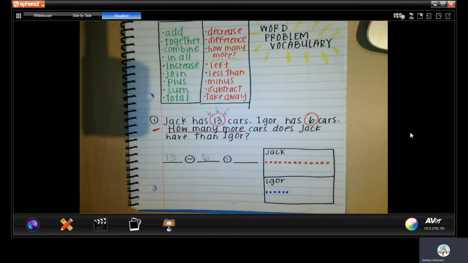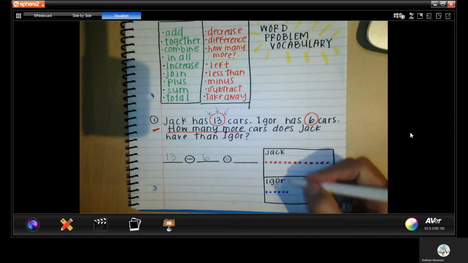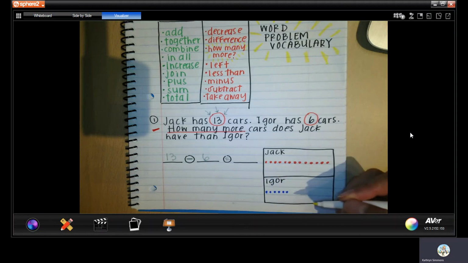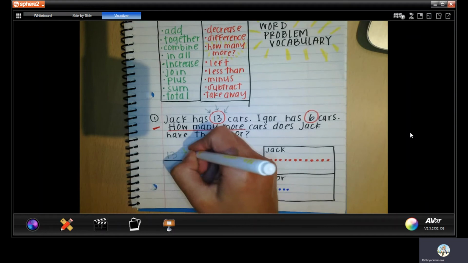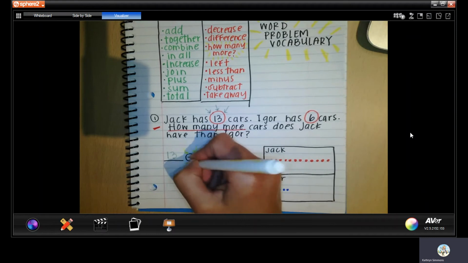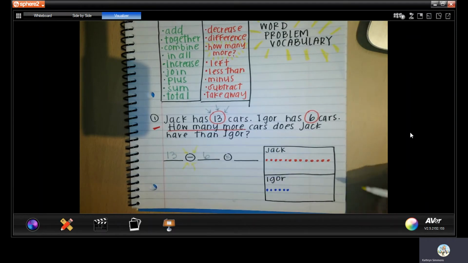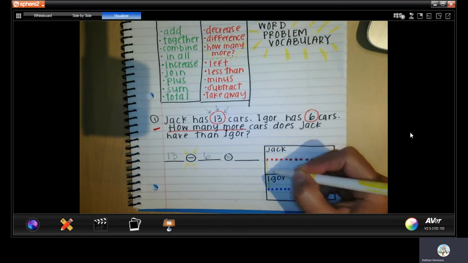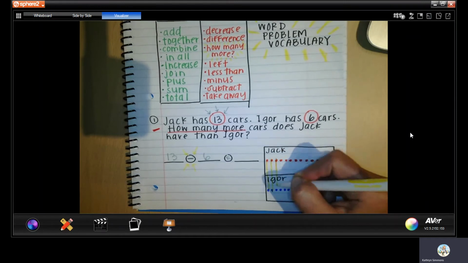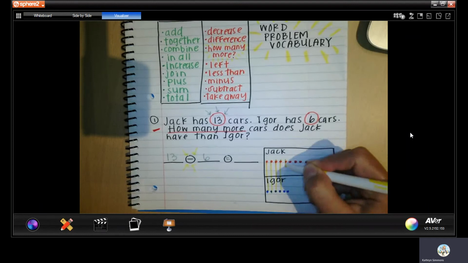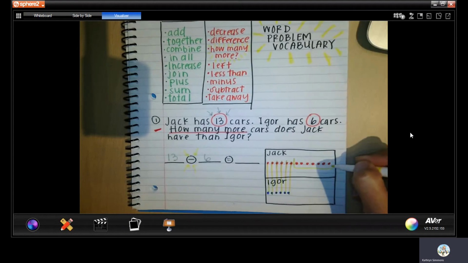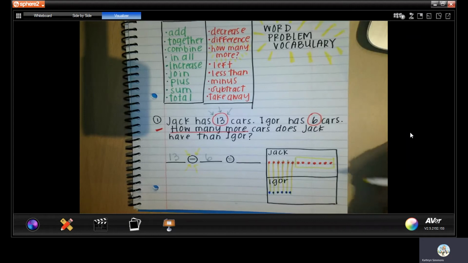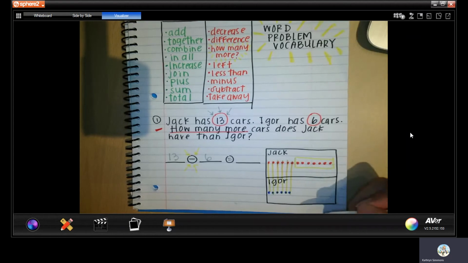How many more cars does Jack have than Igor? Jack has 13, Igor has 6. So 13 minus 6. Remember, how many more? We're comparing the two. Igor only has 6.